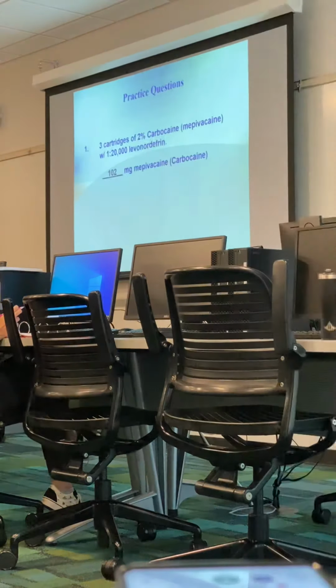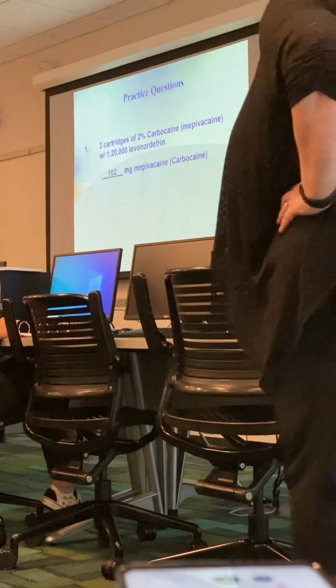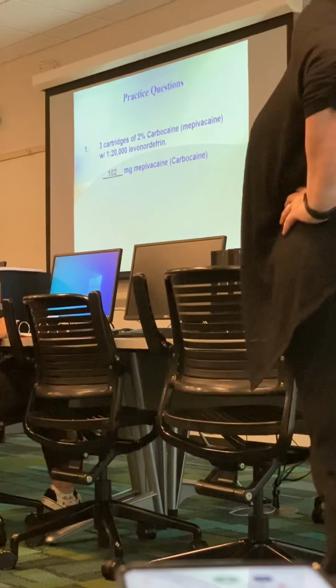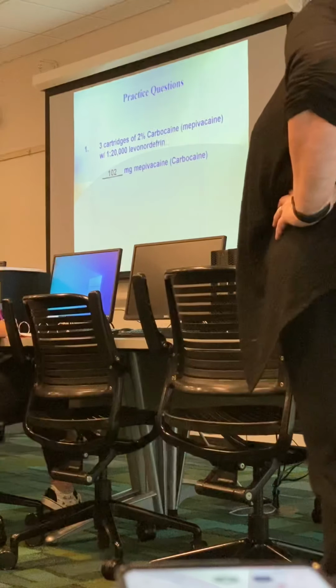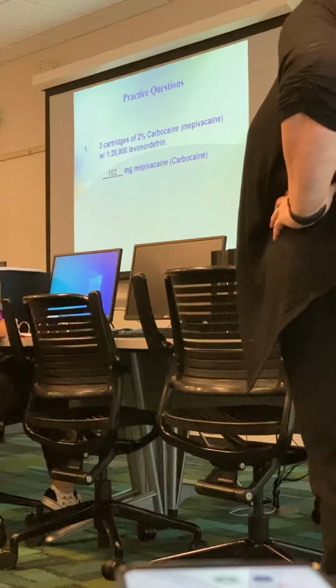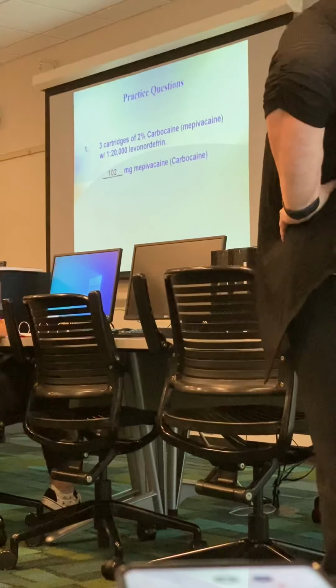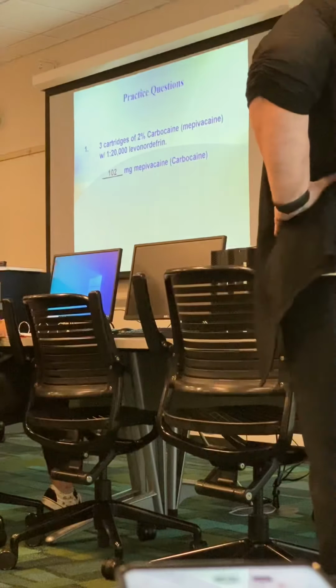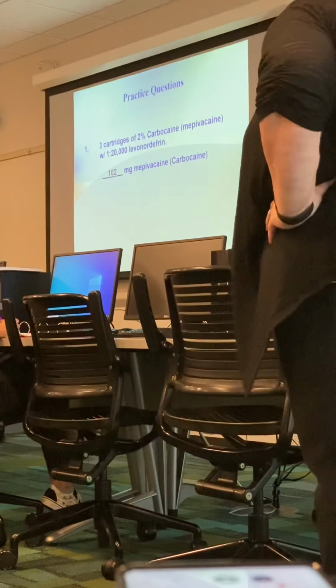Okay, so we know that 2% carbocaine would contain 20 milligrams per milliliter of anesthetic. We have 3 cartridges. Each cartridge has 1.7 milliliters. So 1.7 times 3 is 5.1. So we multiply 5.1 milliliters times 20 milligrams per milliliter, and we get 102 milligrams.